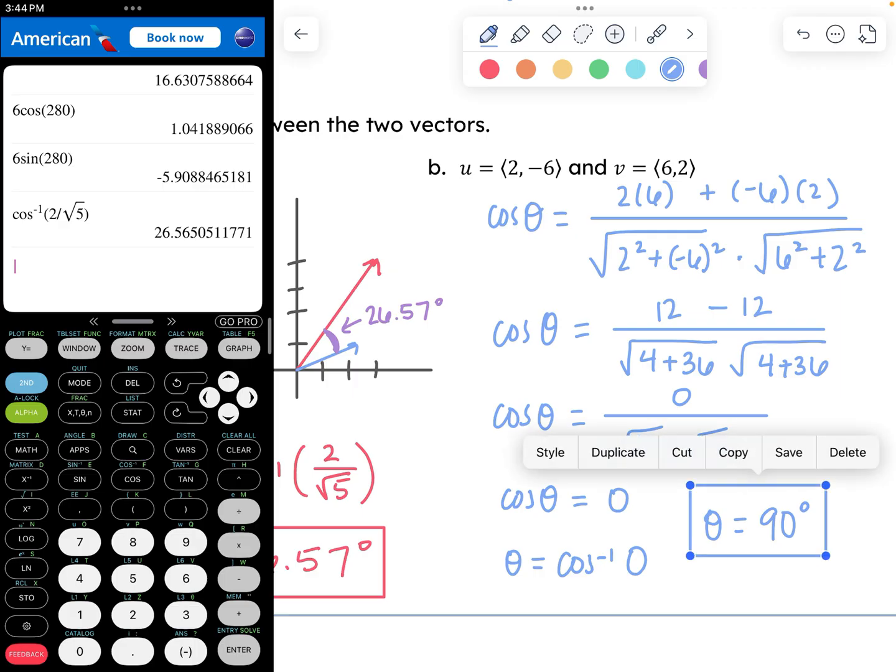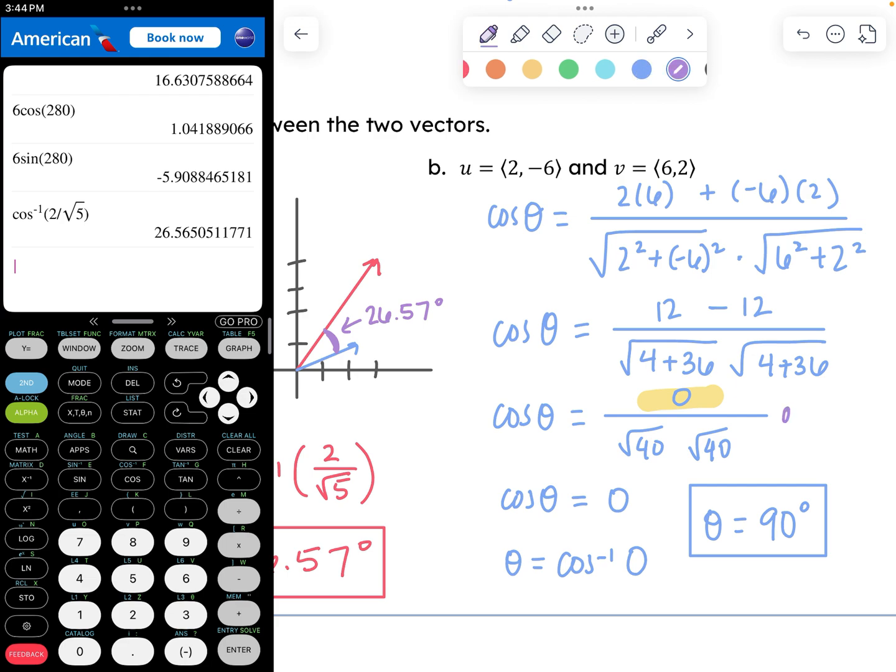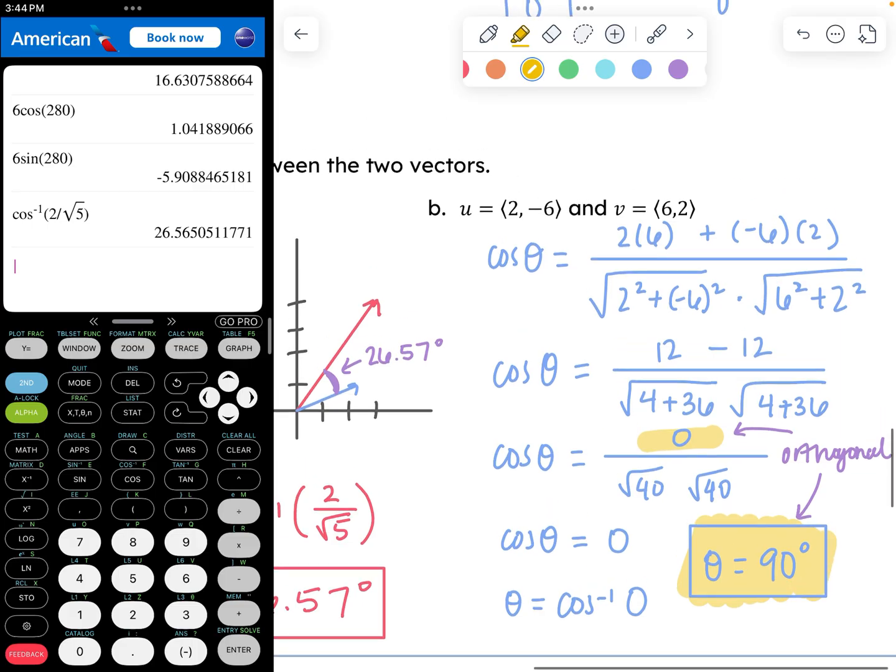Okay, so that's another nice characteristic. Remember we said if they had a dot product of 0, that means that they are orthogonal. So the dot product of 0 also means orthogonal vectors have an angle of 90 degrees between them. So if I were to draw a picture, the first one was over 2 and down 6.